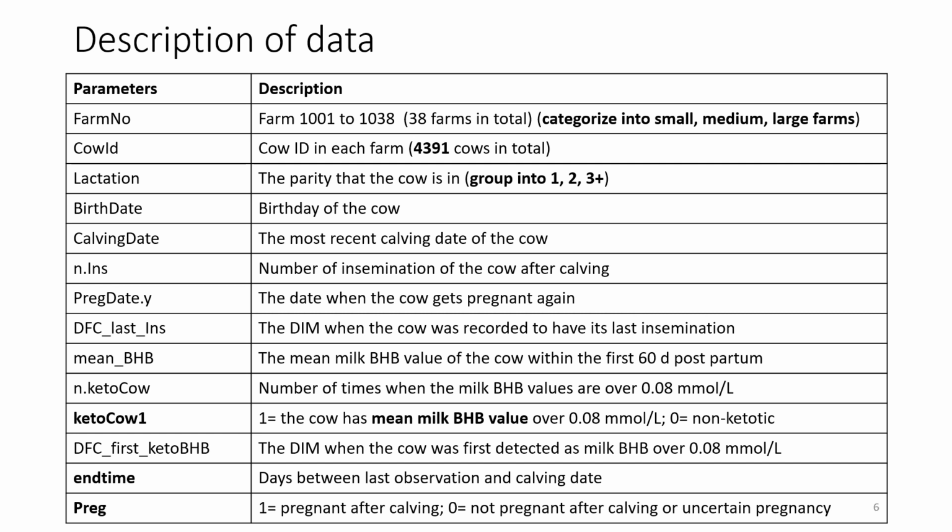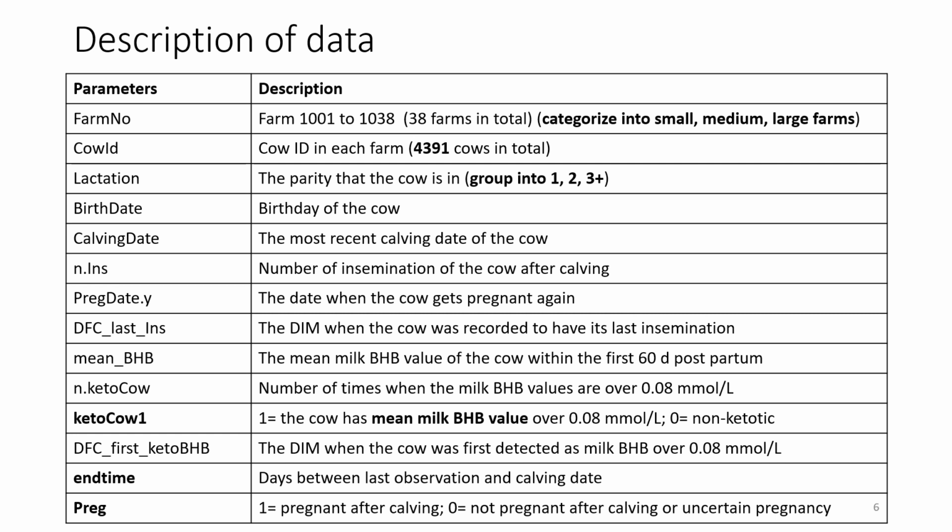And the end time is the days between the last observation and the calving date of the cows. And pregnant is the pregnant status amongst our observation time.